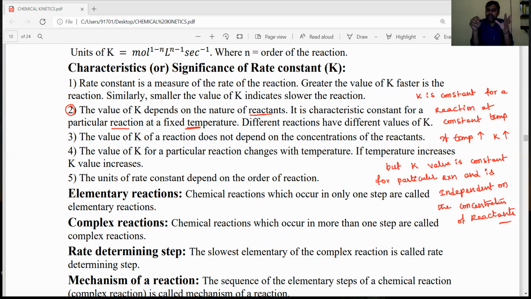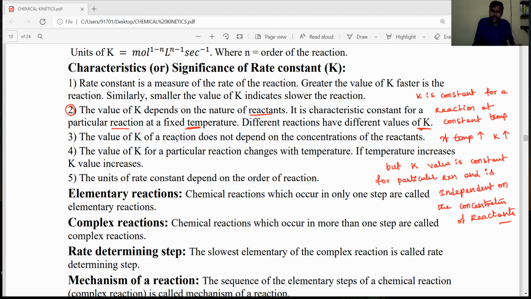K value depends on the nature of the reactants. It is a characteristic constant for a particular reaction at fixed temperature. At fixed temperature, for a particular reaction, K value is a constant. If the temperature increases, then the K value will increase. It is different for different temperatures. As well, if the reaction is changed, then the K value will change.